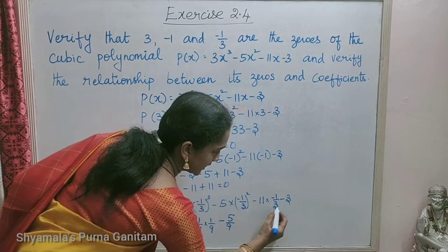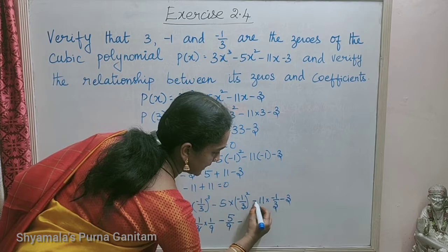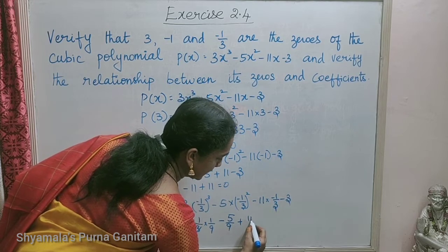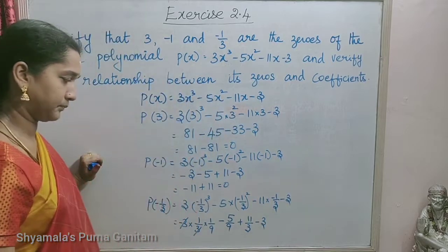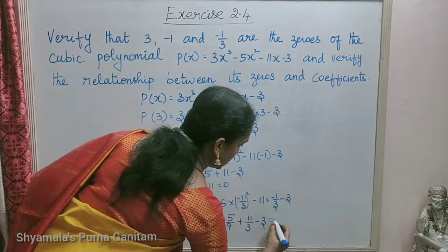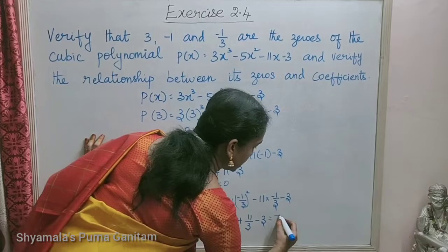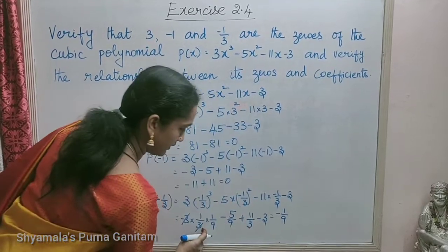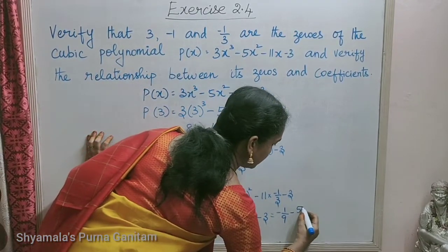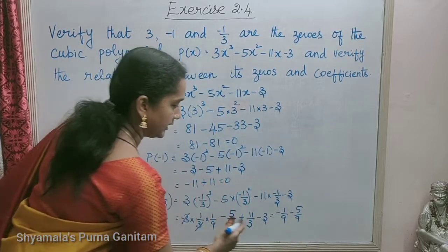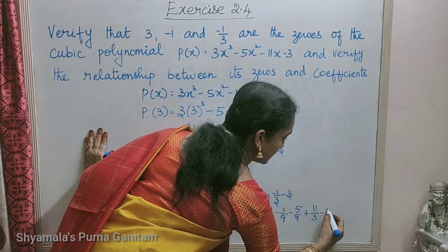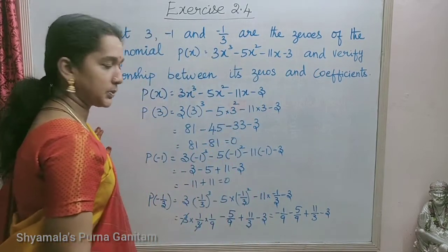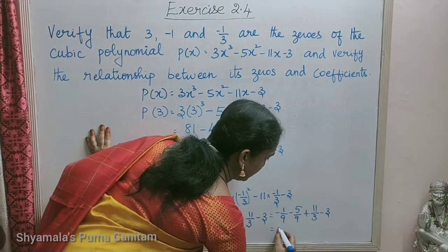Then this one is minus into minus is plus 11 by 3. Then the last one is minus 3. Okay, so now when you simplify this, minus 1 by 9 minus 5 by 9, then plus 11 by 3 minus 3. So this one has to be simplified.